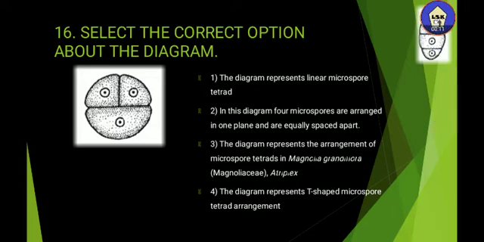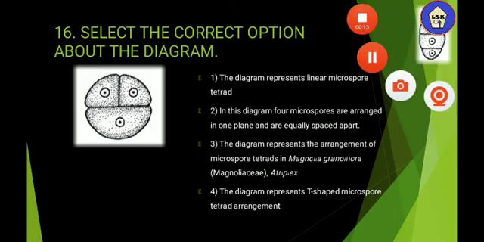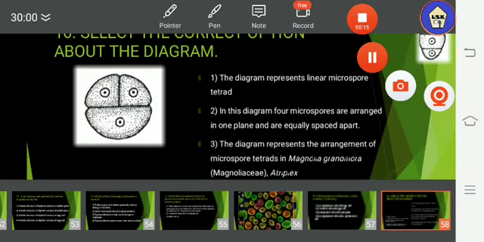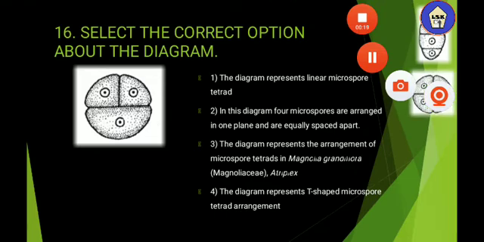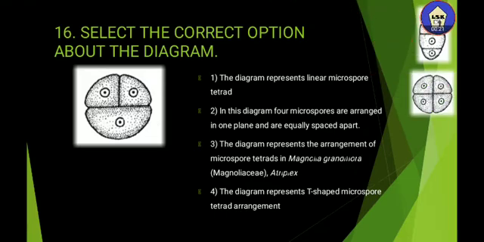So this is wrong, because the correct diagram for this statement is given here. So this is the correct diagram. In this diagram you can see the arrangement of 4 microspores in one plane, and they are equally spaced apart. So option 2 is also wrong.